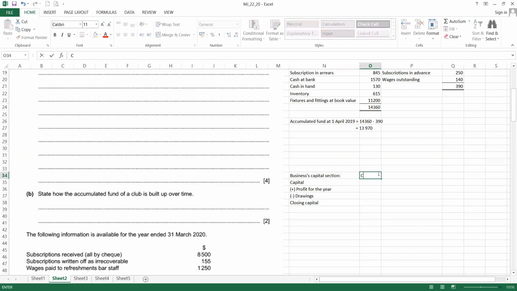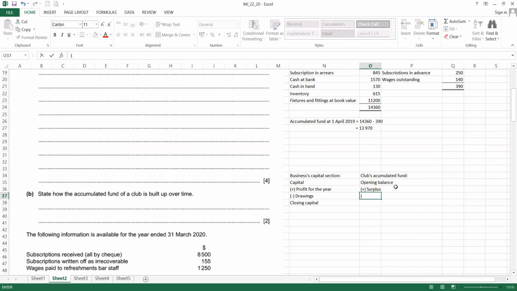A club does not have the capital section, but a club has the accumulated fund. This accumulated fund starts from the opening balance, the opening accumulated fund. During the year, if the club has a surplus, we don't call it profit, we call it surplus, then we plus. They do not have drawings.